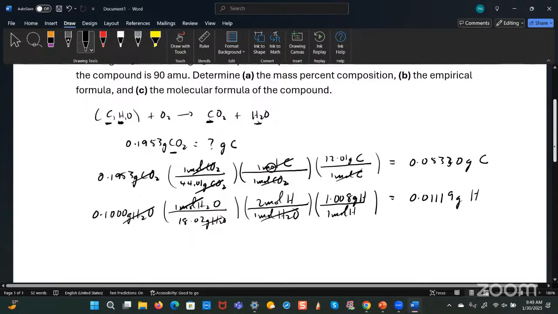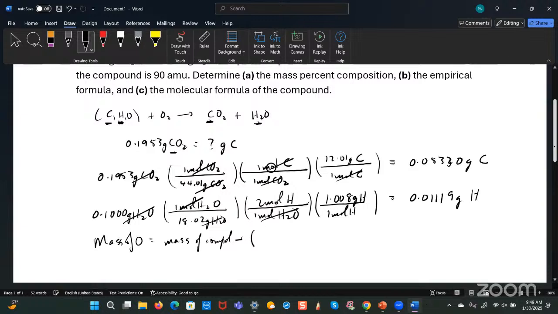The way we find that is that the mass of oxygen will be equal to the mass of the original compound minus the sum of the masses of carbon and hydrogen, right?